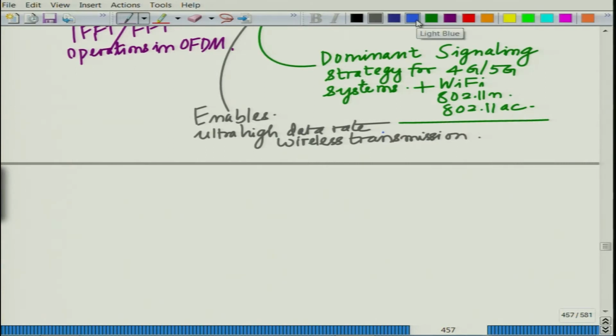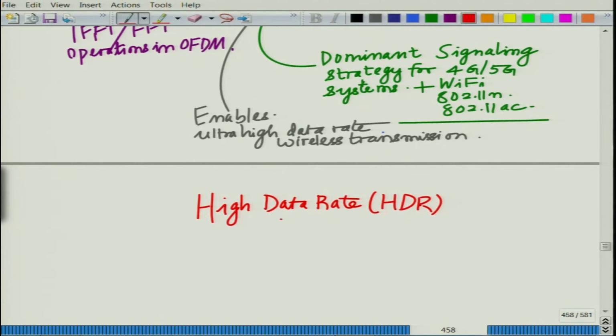Now, what is the problem in the wireless system? If you look at a basic high data rate wireless system, what we call an HDR, a high data rate, what is the issue?